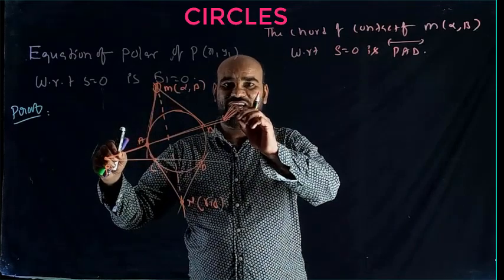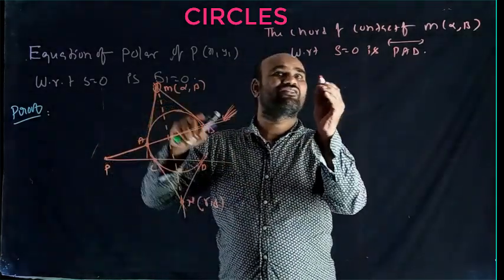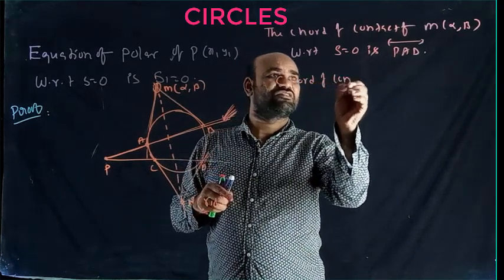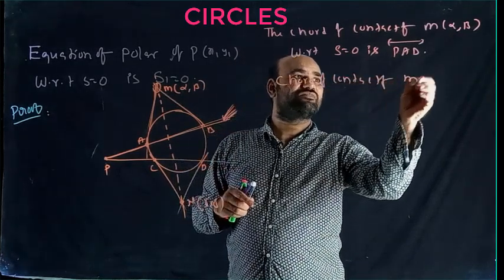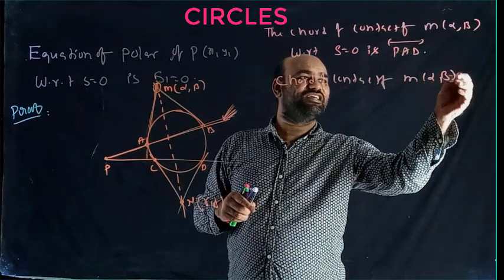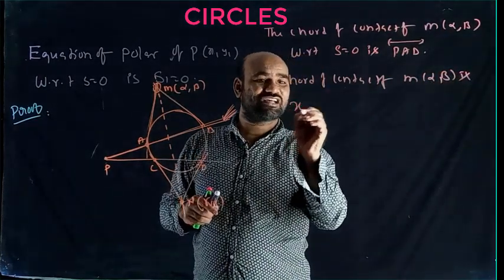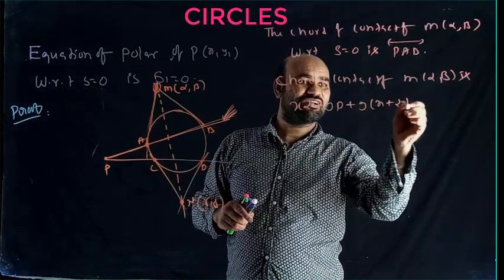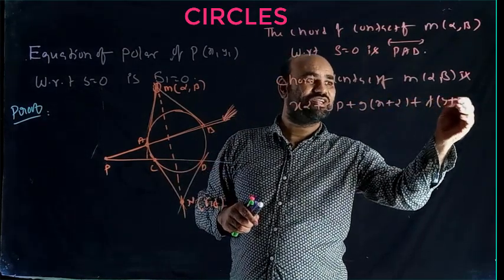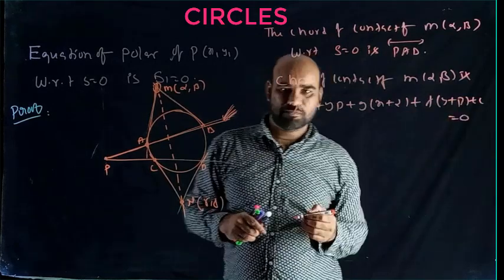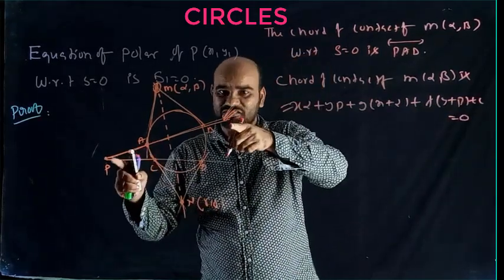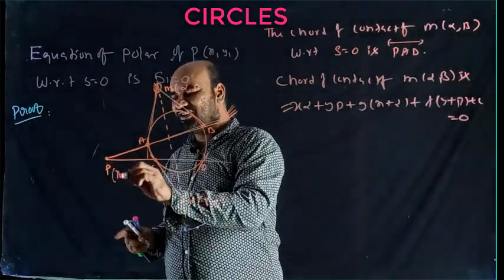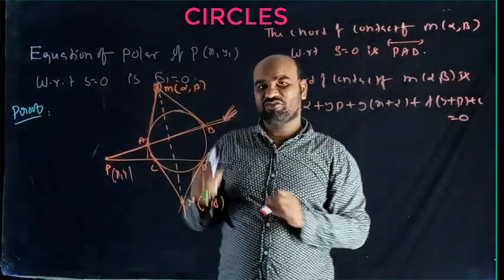So the chord of contact of M(alpha, beta) is x alpha + y beta + g(x + alpha) + f(y + beta) + c = 0. This is nothing but this line only. On this line B is there, A is there, P is also there. P is taken as (x1, y1).